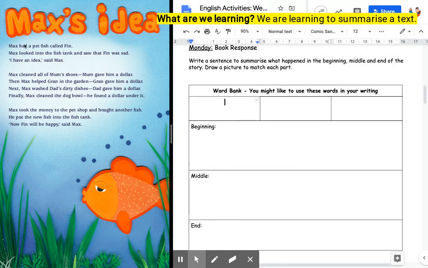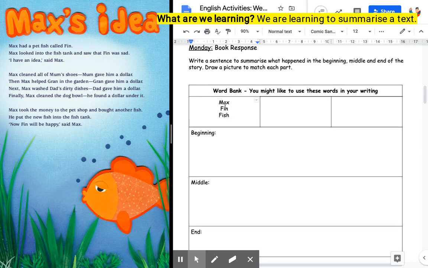Okay, so we know that Max had a pet fish called Finn. So my keywords might be our characters, Max, Finn, fish, and we have to think about also how Finn the fish was feeling. So we know that he was feeling sad.